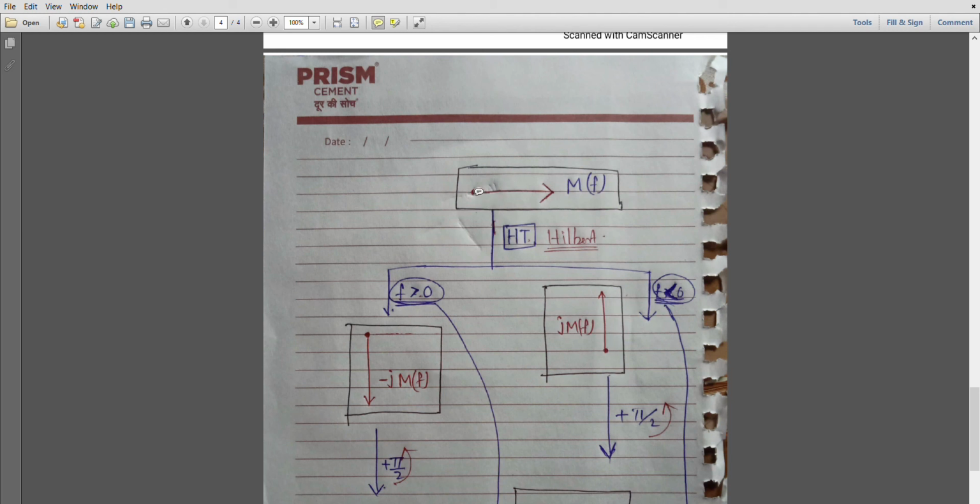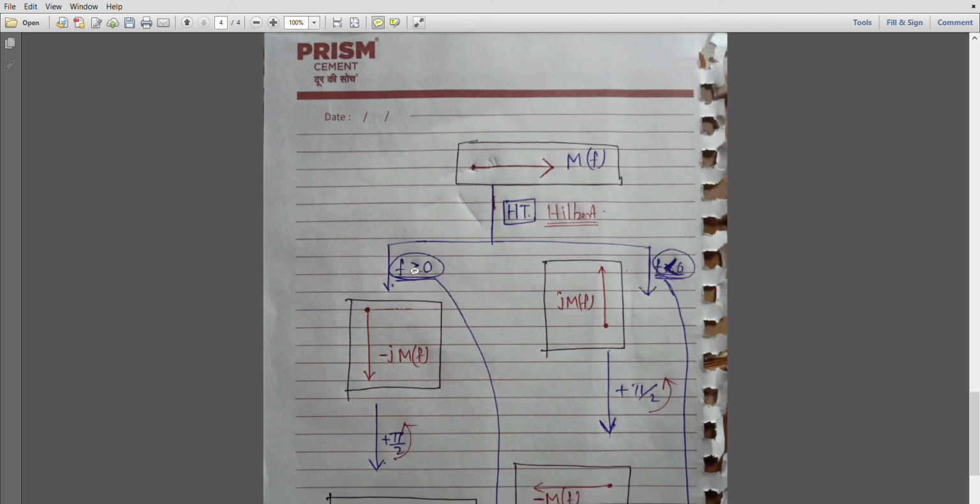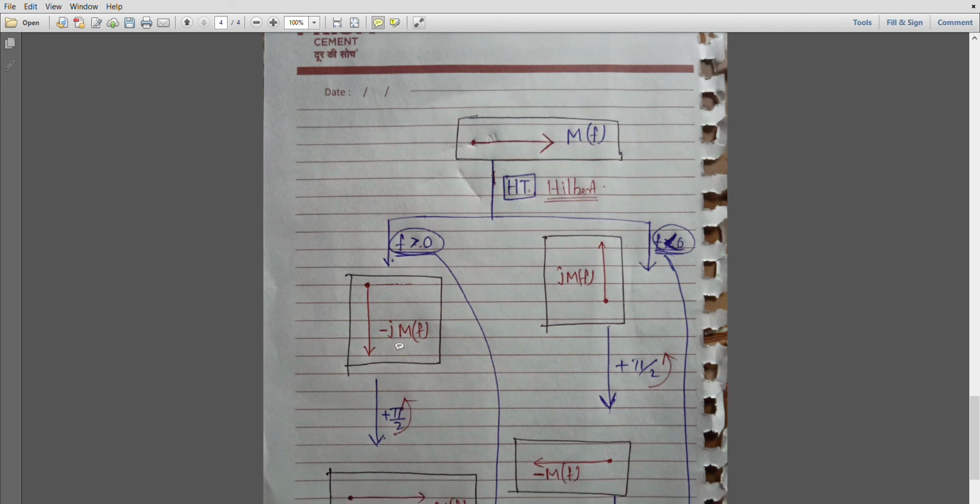If this is my M f, then this will rotate by plus pi by 2, so this will become j M f. For negative frequency, our result becomes minus j M f. Basically, we are rotating this by minus 90 degrees here. So this will become this, and after phase shifting by pi by 2, this is the Hilbert transform of this M f.